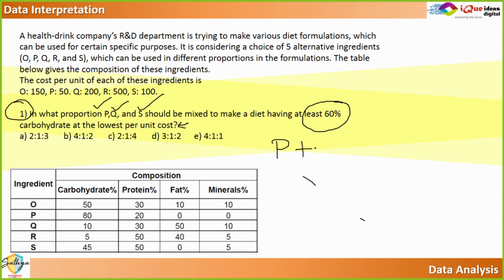So I need to mix P, Q, and S. If I mix these three things, I need to have at least 60% carbohydrate. Carbohydrate content should be at least 60%. And of course, the cost should be the least. So in what proportion, if I mix them, will I get it?